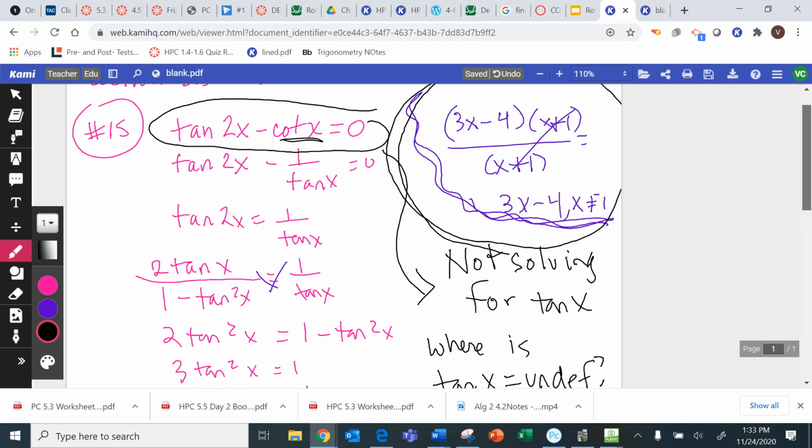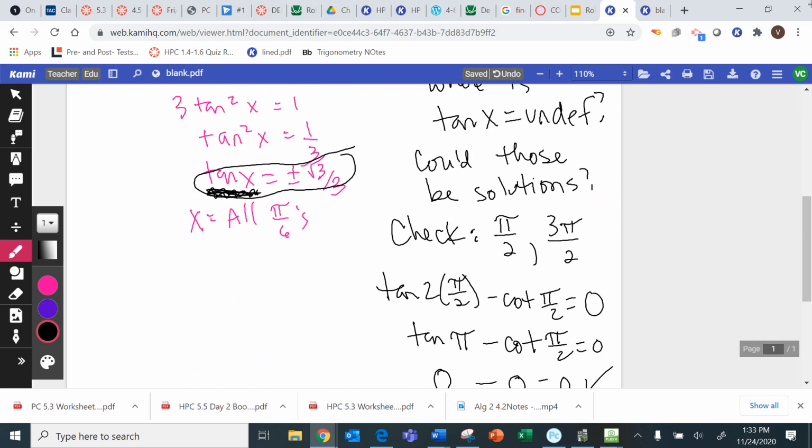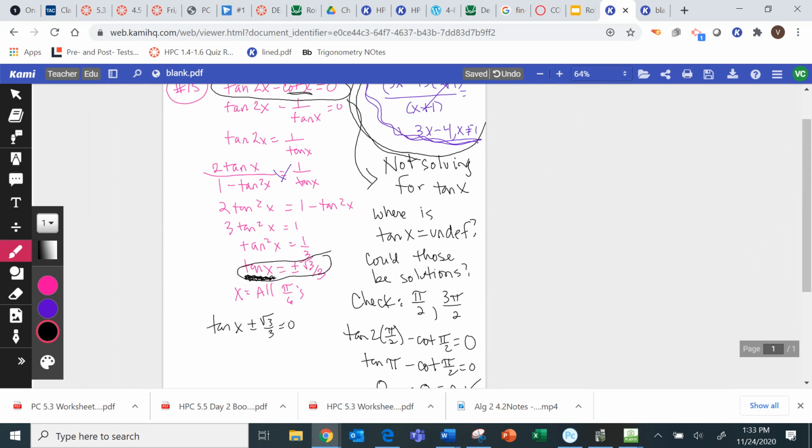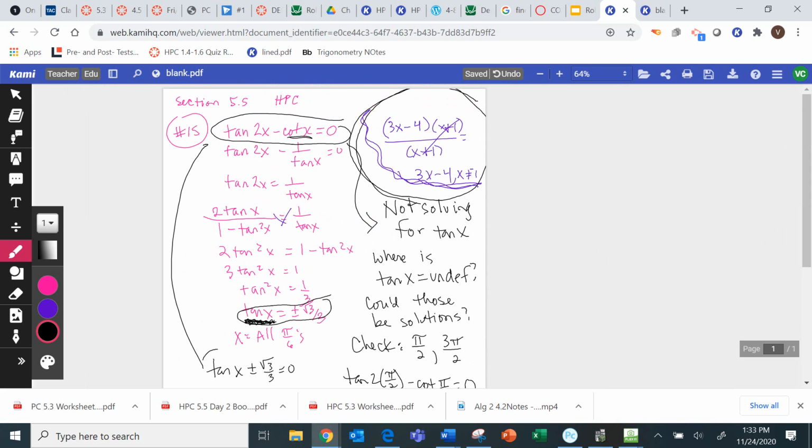It should all be equal. Really, this equals 0 at the top here. So really, tangent x minus square root 3 over 3 equals 0. These should be equal, right? I would think these should be totally equal. But the problem is their domain isn't. Just like these two right here, these should be totally equal except their domain isn't.